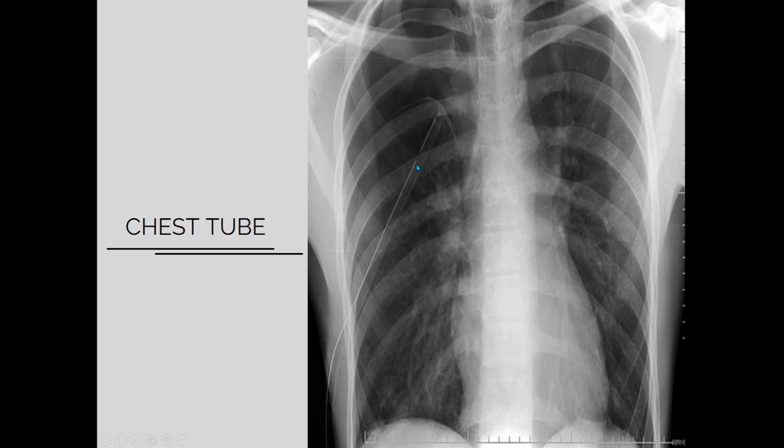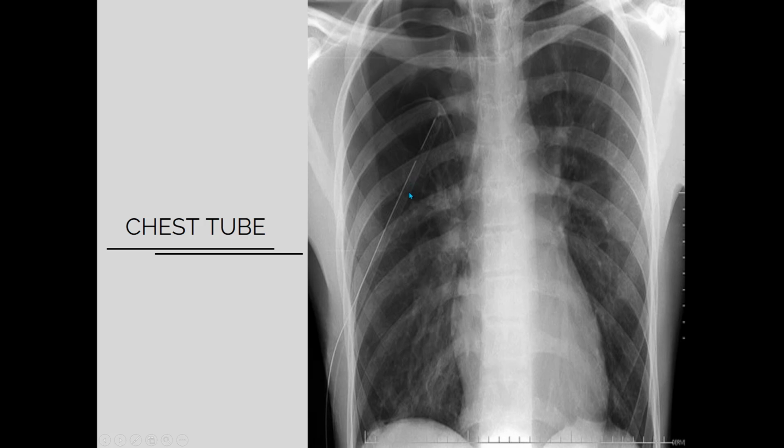You can notice there is some breakage in this radio opaque line. Why is there breakage? Because this is the opening, and through that air or blood passes out.